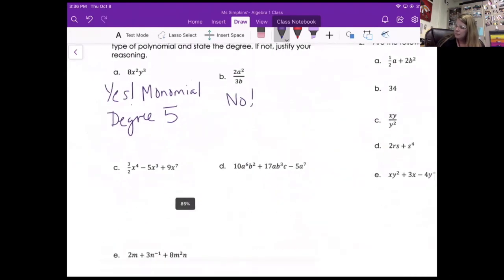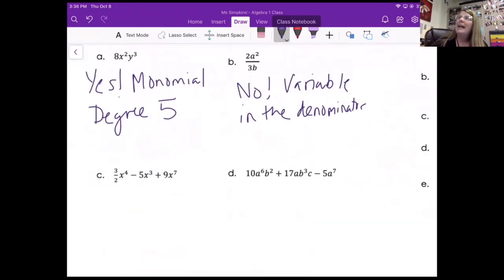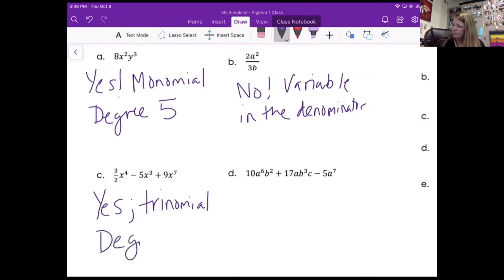Letter C. Is that a polynomial? Yes. Specifically, it is a trinomial. What is its highest exponent? 7, yeah, degree 7.